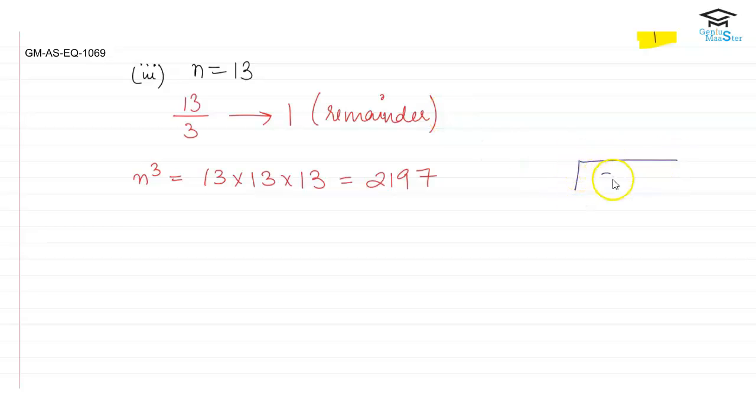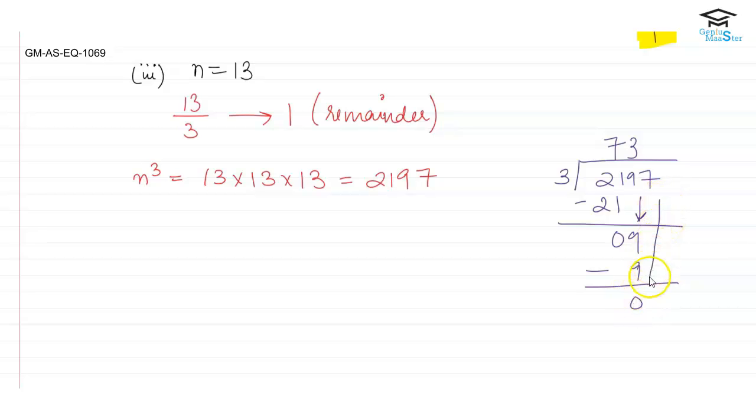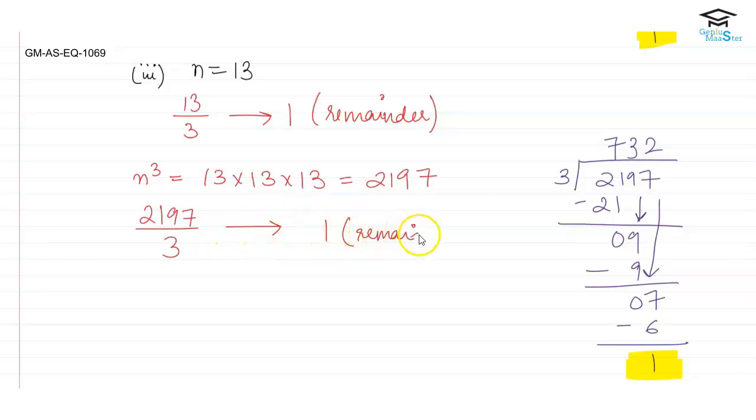Now we will divide 2197 by 3. So it leaves remainder 1. So 2197 when divided by 3 also leaves 1 as the remainder. So our third statement is also verified.